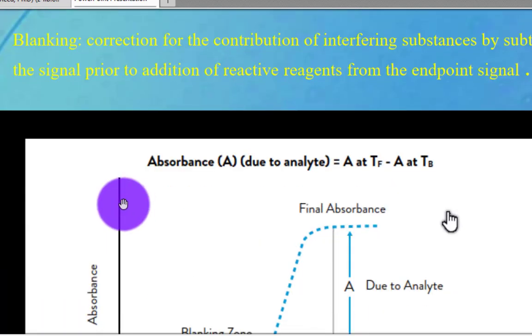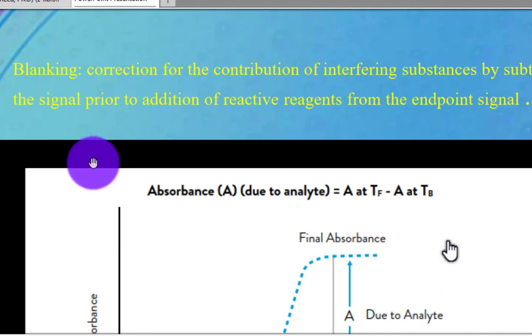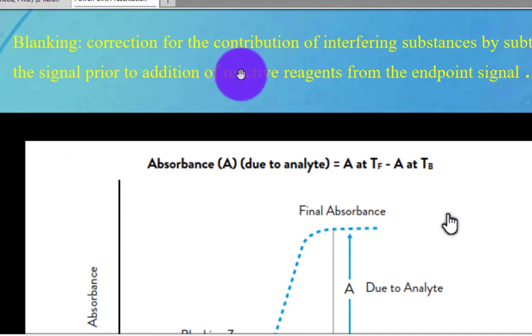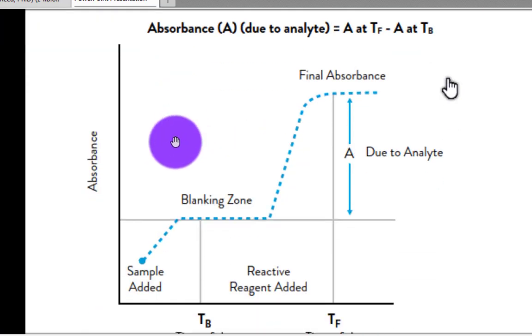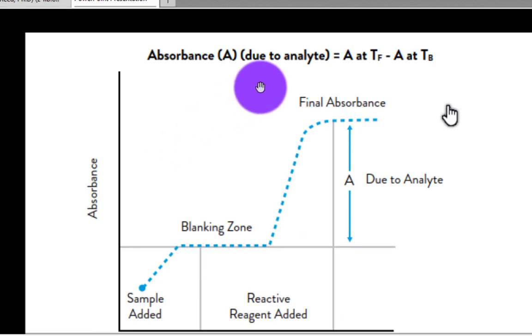Blanking correction. Blanking corrects for the contribution of interfering substances by subtracting the signal prior to addition of reactive reagent from the endpoint signal. Absorbance A due to analyte equals A at TF minus A at TB.